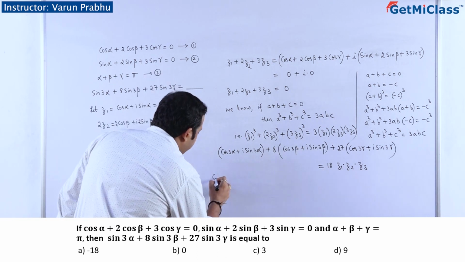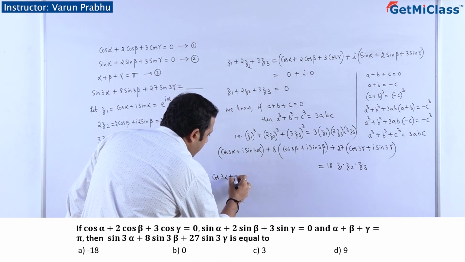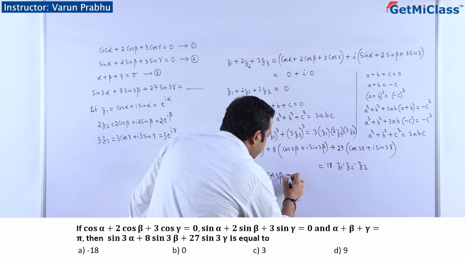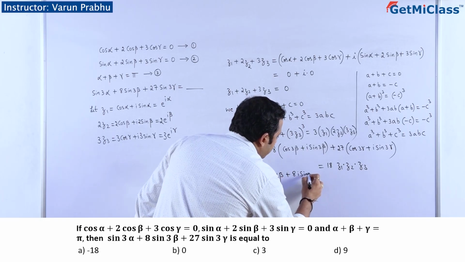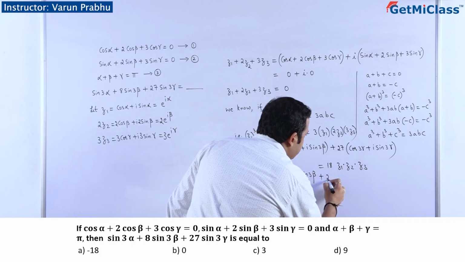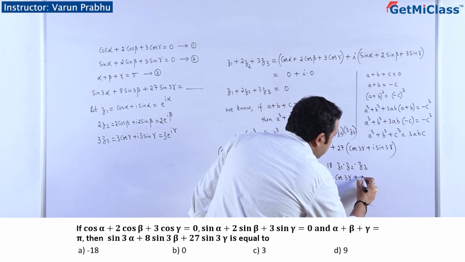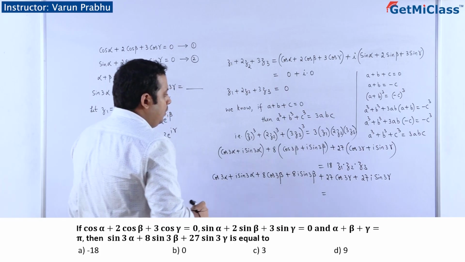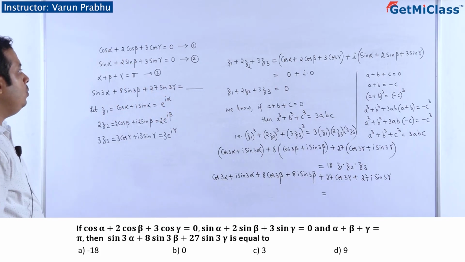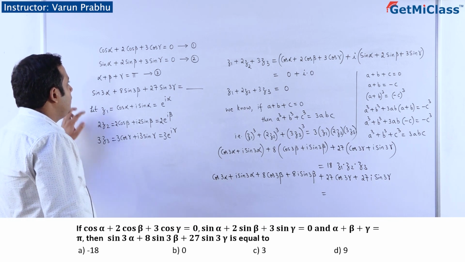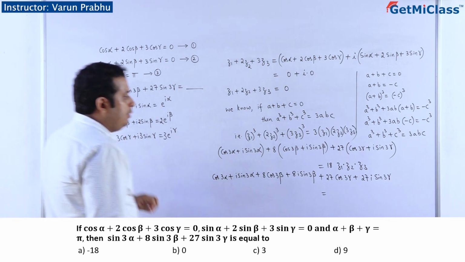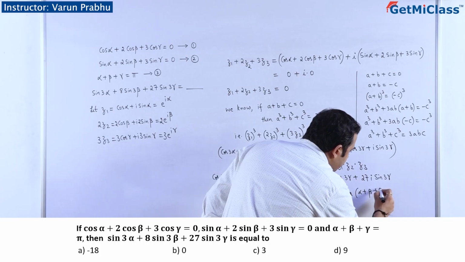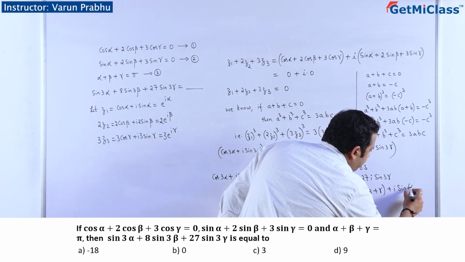So we can see now: cos 3 alpha plus i sin 3 alpha plus 8 cos 3 beta plus 8i sin 3 beta plus 27 cos 3 gamma plus 27i sin 3 gamma is equal to 18 times z1 into z2 into z3, which is 18 times cos of alpha plus beta plus gamma plus i sin alpha plus beta plus gamma.